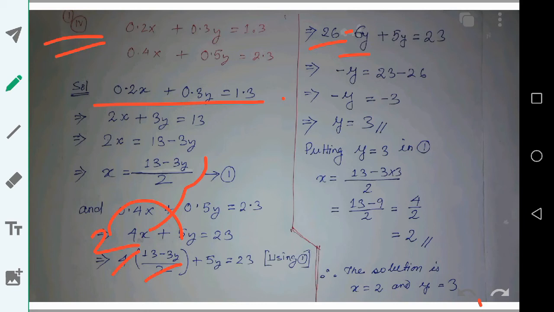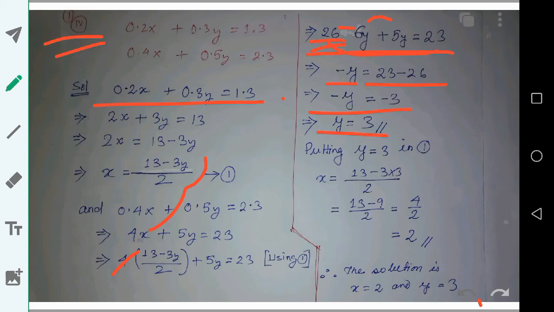Now we have finally got this equation. Minus 6y plus 5y gives minus y, and 26 on the other side, 23 minus 26. This 26 is positive here, on the other side it will be negative. So here we have got minus y is equal to minus 3, that means y will be plus 3.